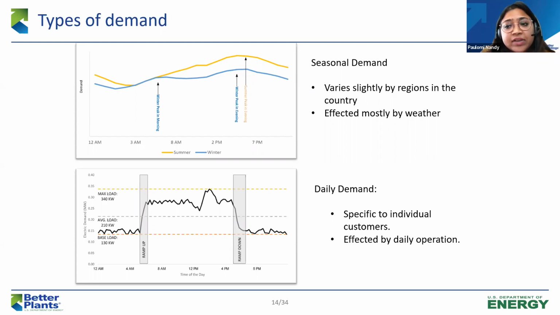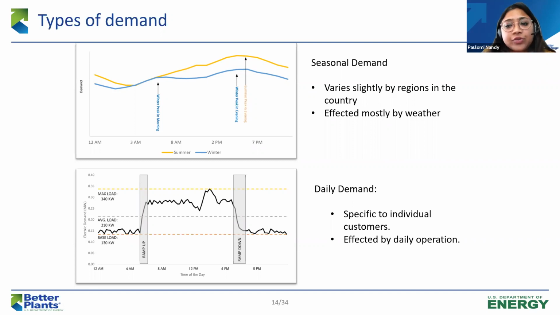Whereas the daily demand is very specific to an individual facility. Here, for example, you have a graph showing a customer facility where the peak demand is around 640 kilowatts. During the early hours of the day, it slowly ramps up. Then around afternoon, it reaches its highest peak.